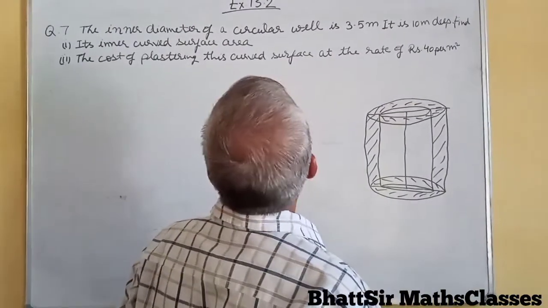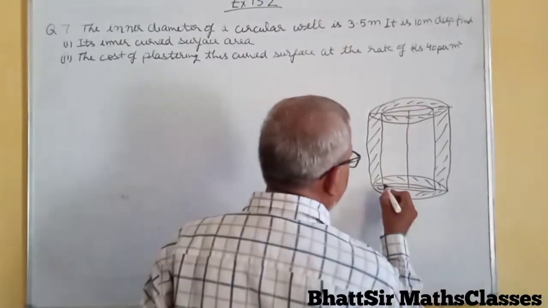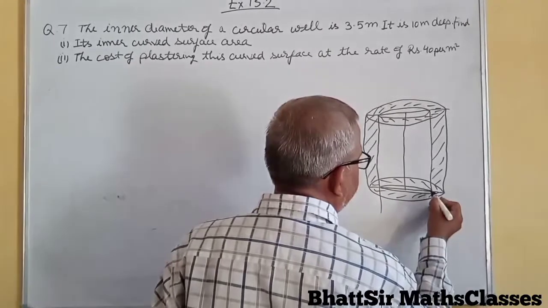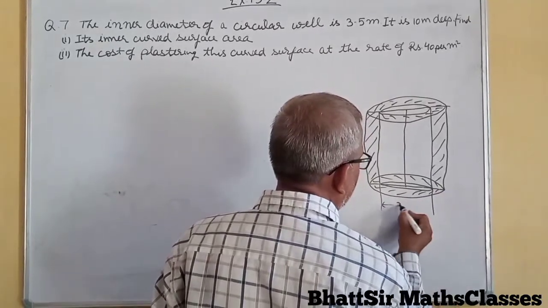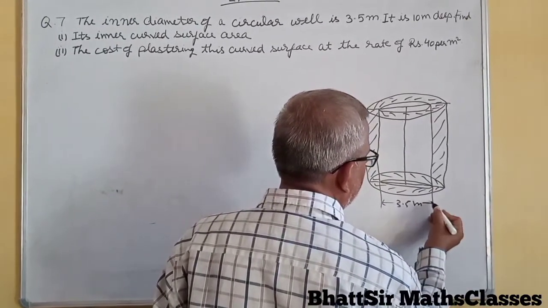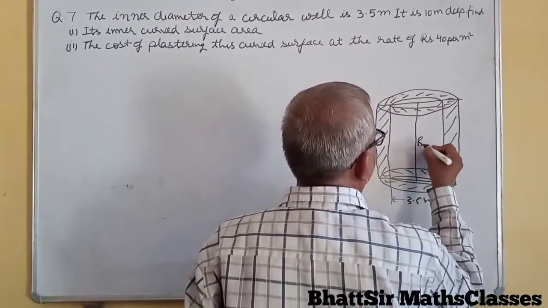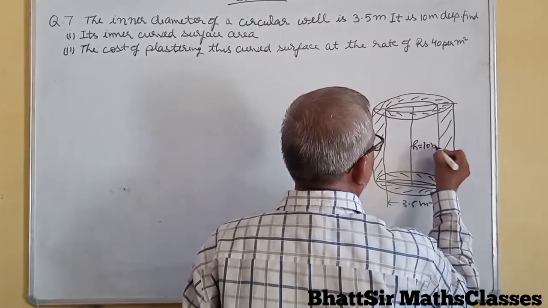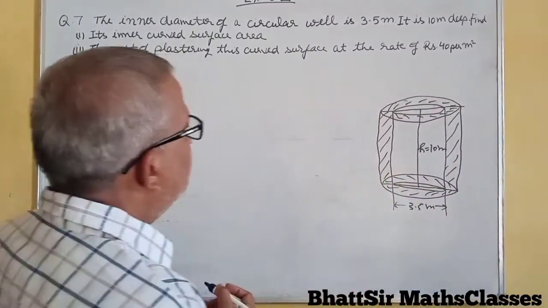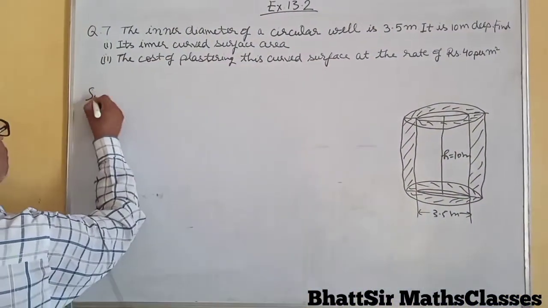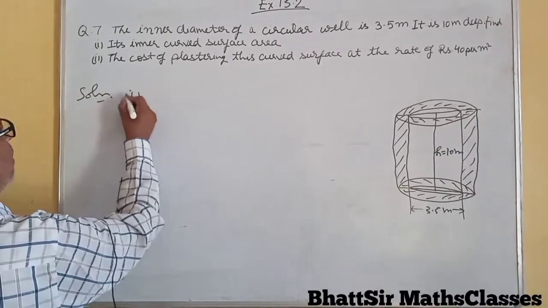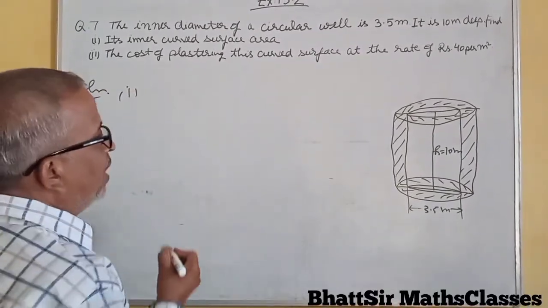So its inner diameter is 3.5 meter. It is 10 meter deep. So first question I am giving a solution. First part, the inner curved surface area.